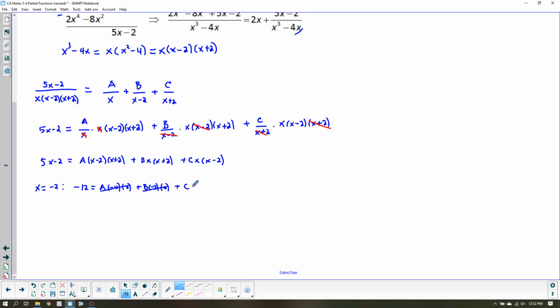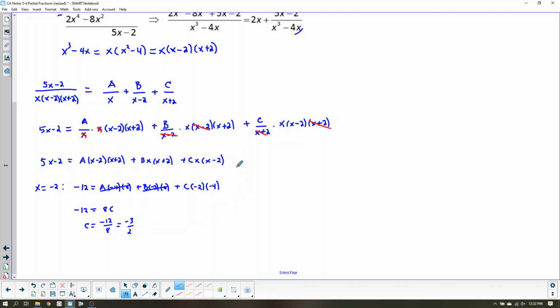Then c times negative 2 times negative 4. All right, so what we end up with is negative 12 equals 8c. And then divide over, you get c is equal to negative 12 over 8, which is negative 4, I'm sorry, not negative 4/3. Each one is divisible by 4, so divide top and bottom by 4, you get negative 3/2. All right, so there you go, we have c.